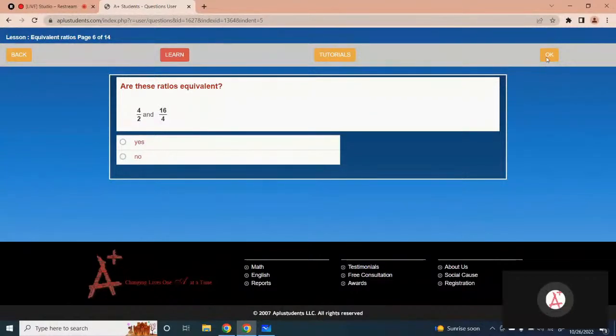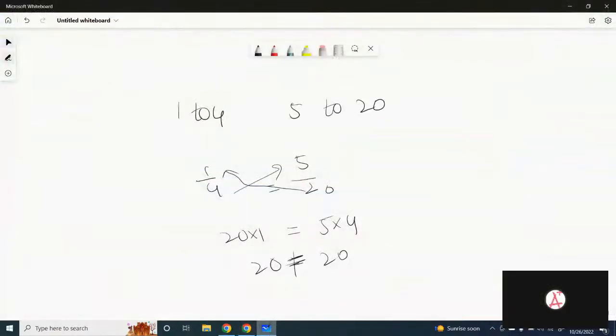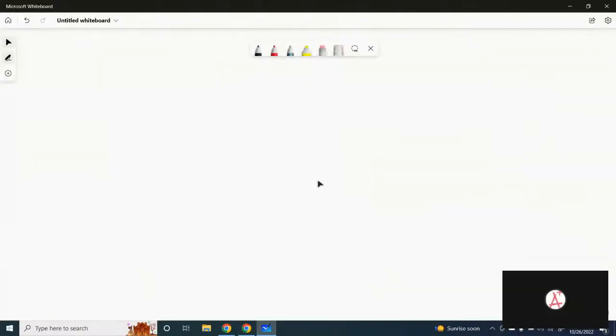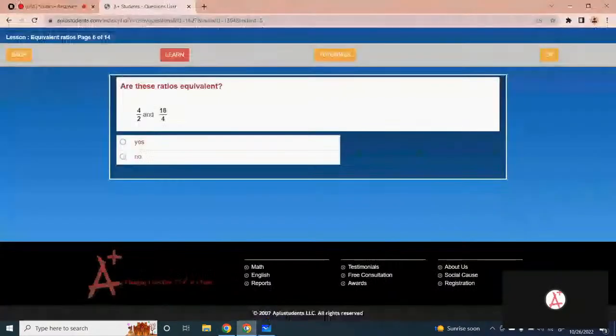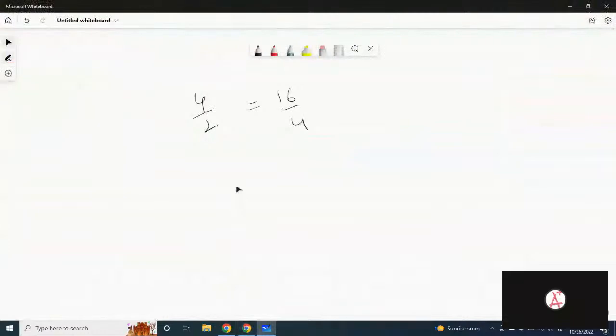Okay, the next one is 4 by 2 and 16 over 4. Okay, let's just cross multiply them.